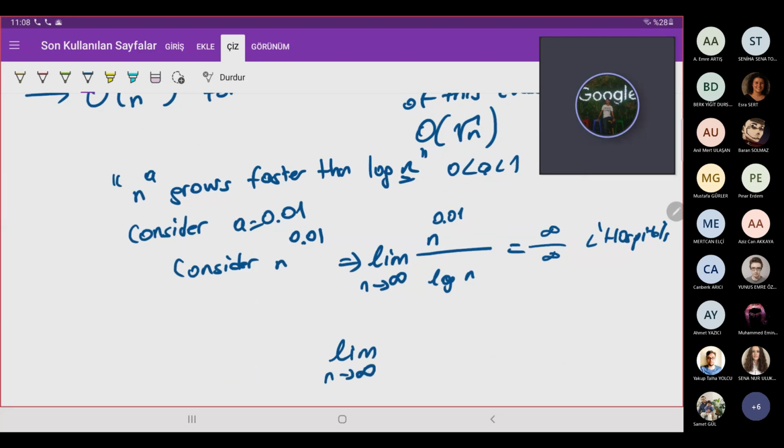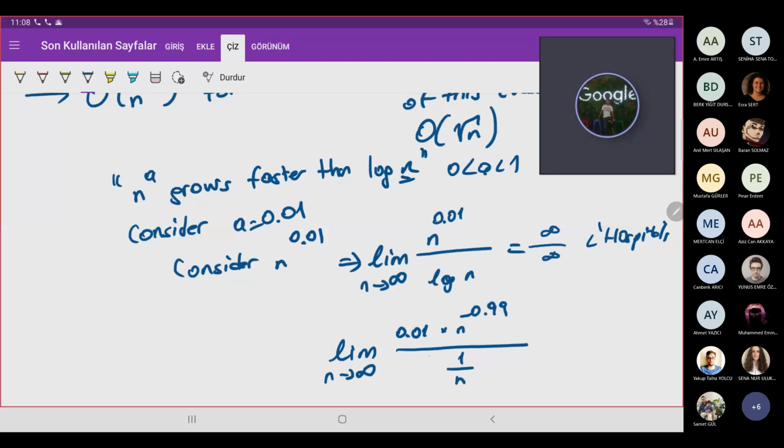So what happens if we use L'Hopital's rule? We take the derivative. Luckily, they are both differentiable. The derivative of n to the power 0.01 is 0.01 times n to the power minus 0.99. Over, what is the derivative of the logarithm? We can think of it as ln n base e, because the base doesn't matter for us, otherwise we would just have some constant here.